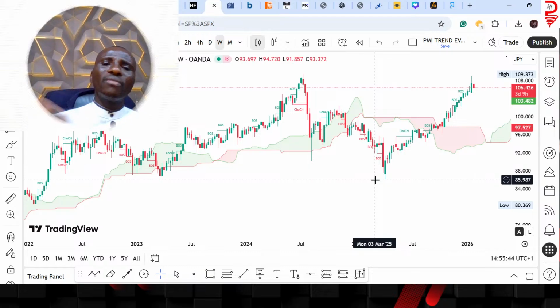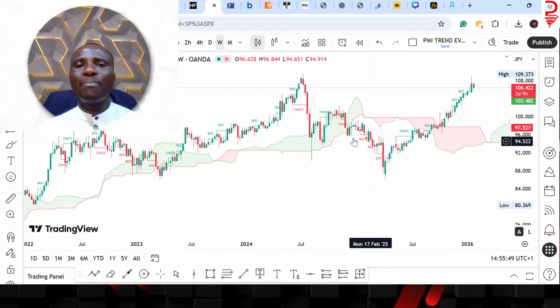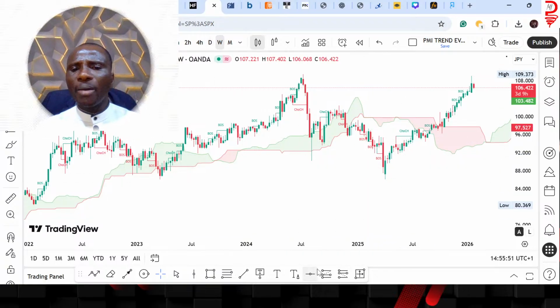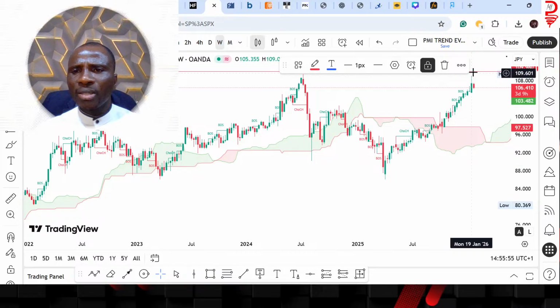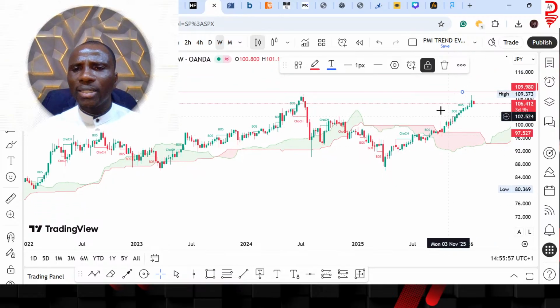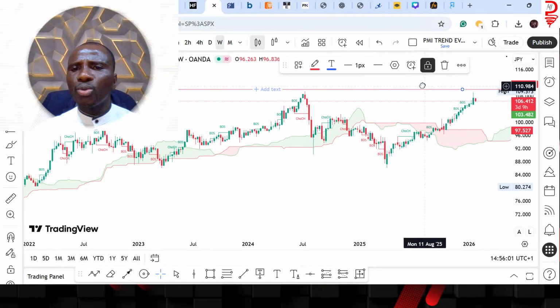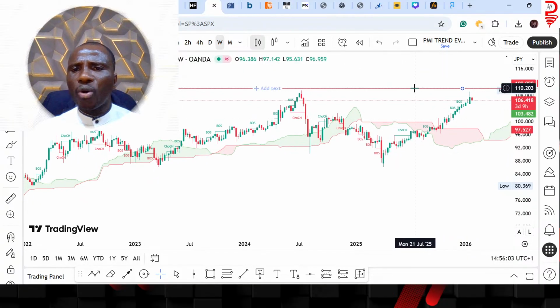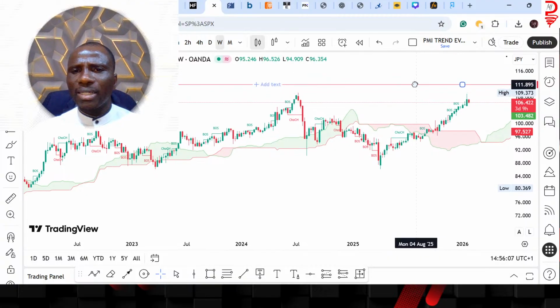So if the tone of the market continues, we are expecting that AUD JPY should still give us a push to the upside, maybe somewhere around this place, a push that can deliver an average of ratio 1 to 4, and that is very important. Ratio 1 to 4, something like this.